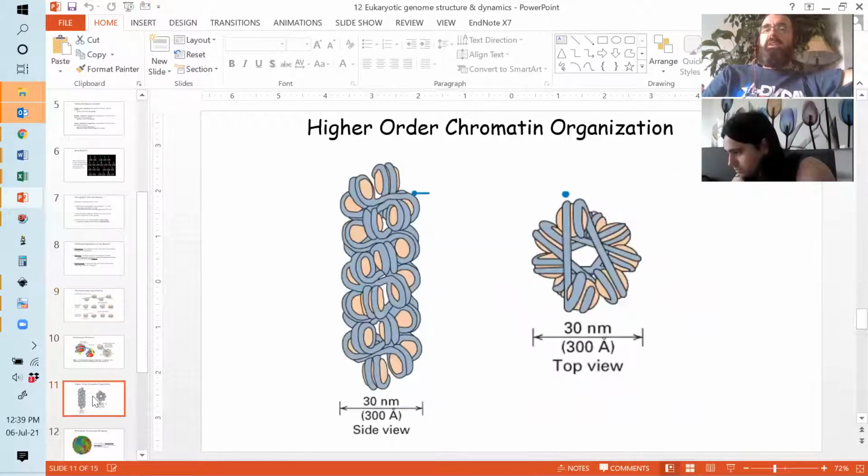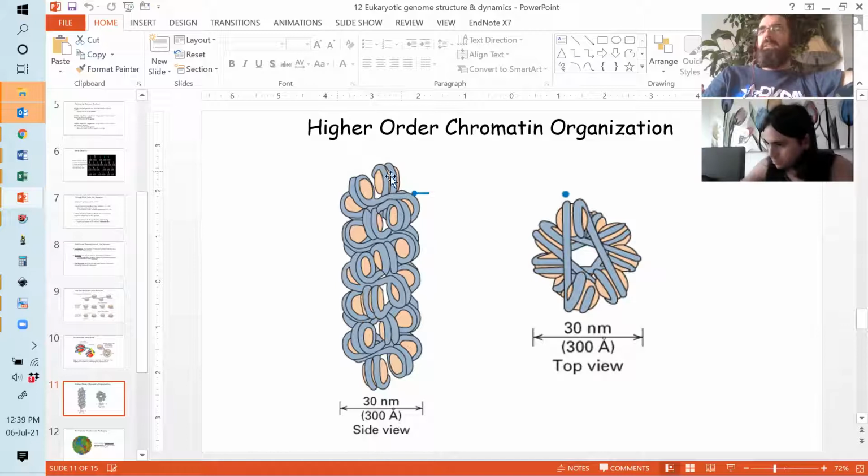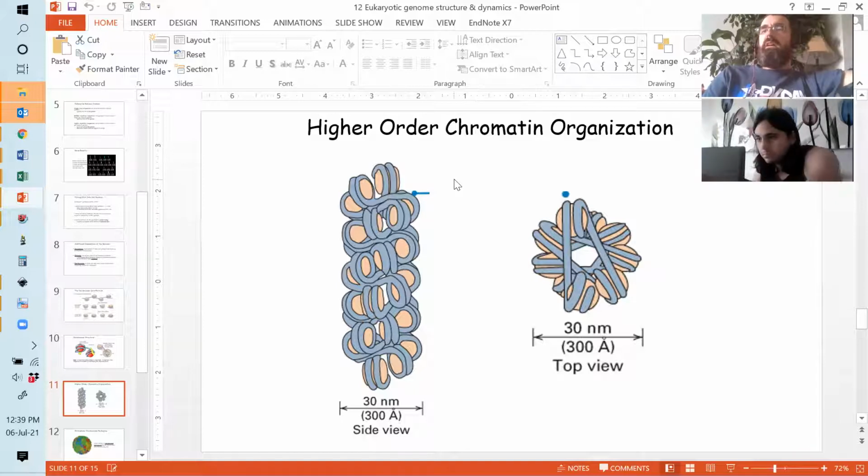You typically find DNA in this more compacted state. Sometimes it could be spread out, but typically you'll find it more compacted. And so basically what you can see is that those beads on the string have been wrapped around and coiled around each other. And that creates a chromatin fiber, essentially.